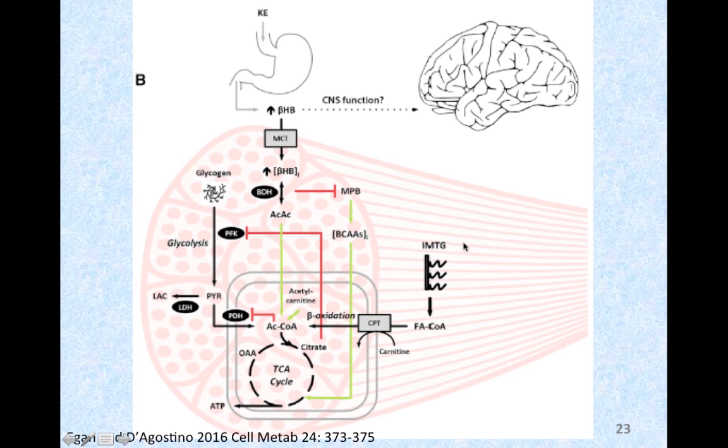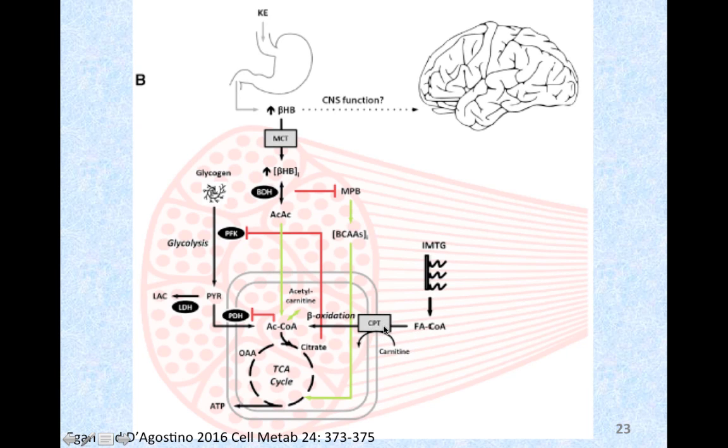And then over here, this is intramuscular triglycerides. Remember, skeletal muscle can store some triglyceride, and it can become an energy source. Those fatty acids are activated once they're released from the triglycerides. Remember, this is in the sarcoplasm. And then they're activated, then go through carnitine.